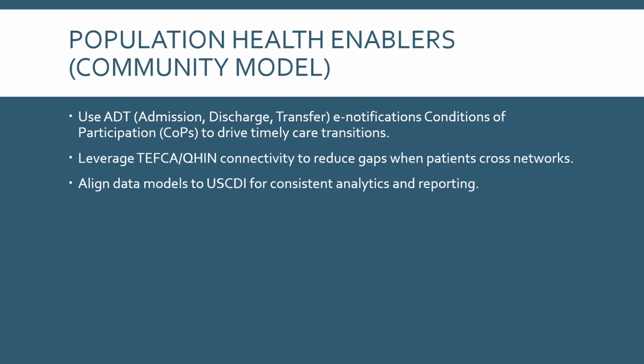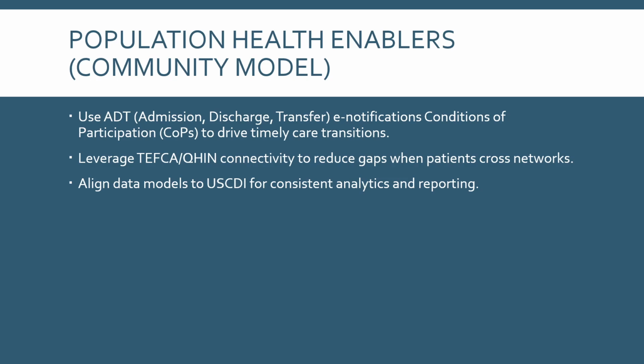We can leverage TEFCA and the QHINs to reduce those gaps when patients go across networks, across providers. And maybe we can align models to the USCDI to be able to have consistent analytics and reporting, because the way that the data was extracted was not really standardized, and there is a plethora of different ways of exporting data.